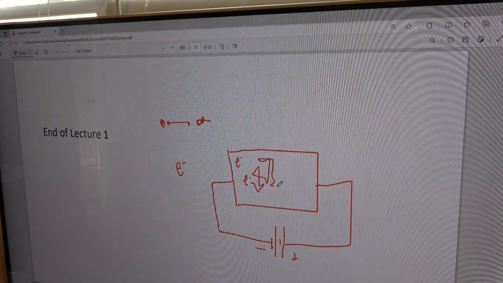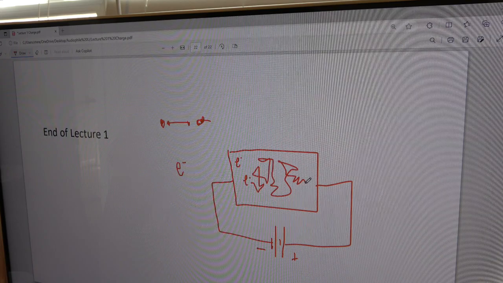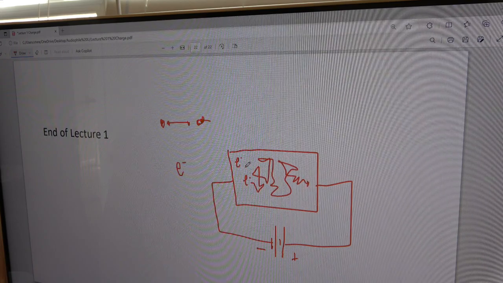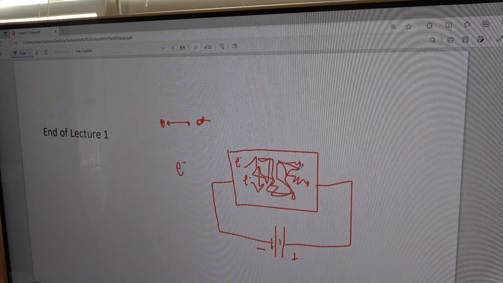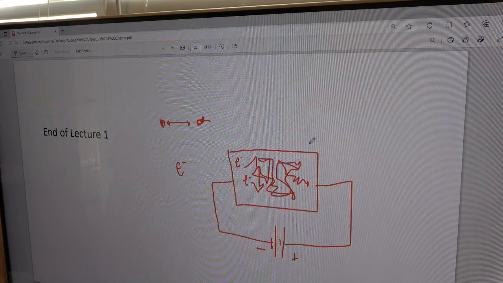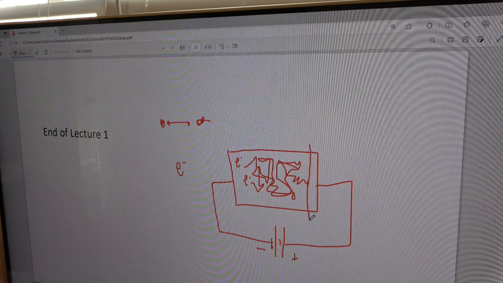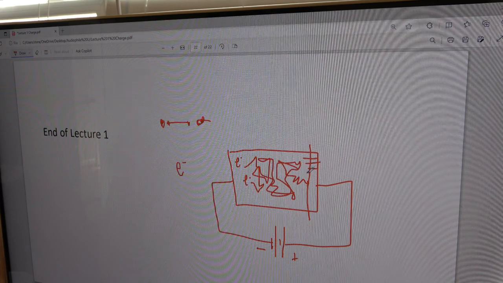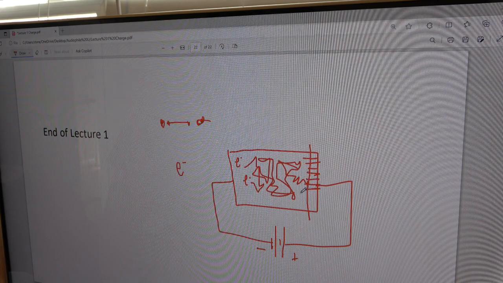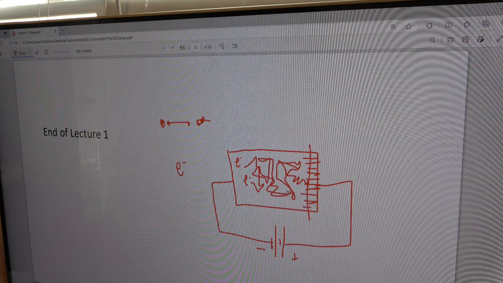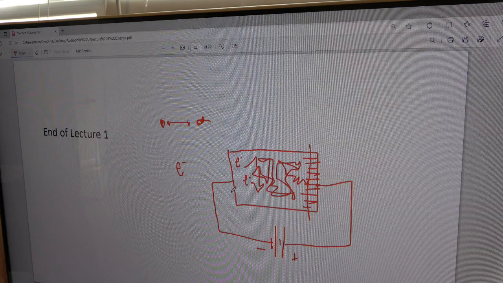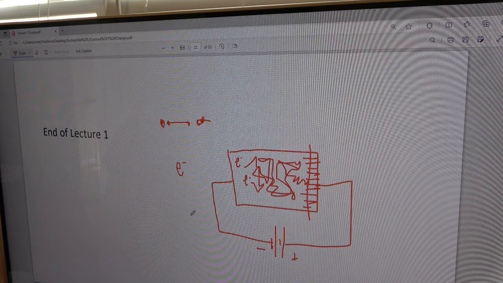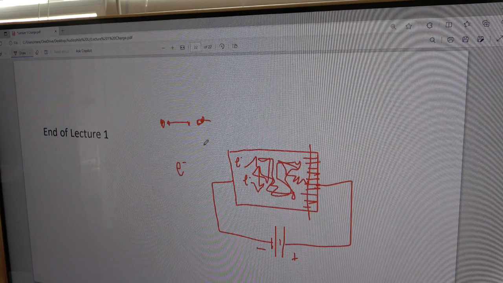They move in a chaotic path, and their speed is called the drift speed, and it's very, very slow. But the current we measure is not based on the speed of these electrons. It's based on the number of these electrons that pass a cross section of that wire in a given period of time, and each electron is a charge carrier. That's what current is. All right?